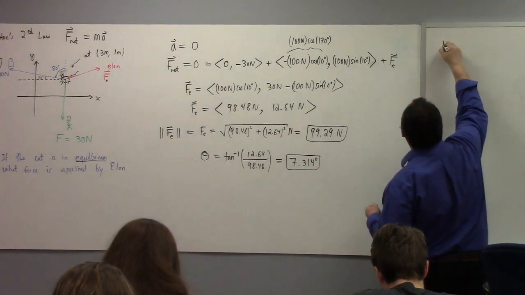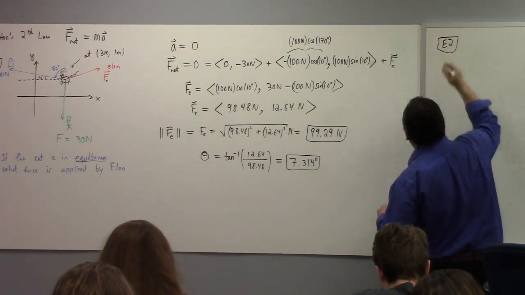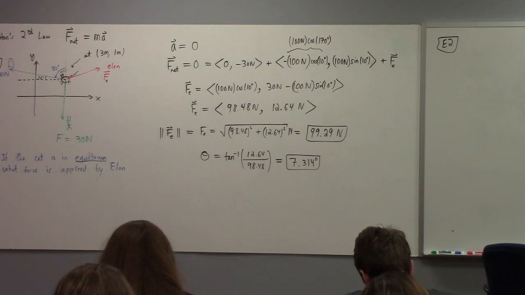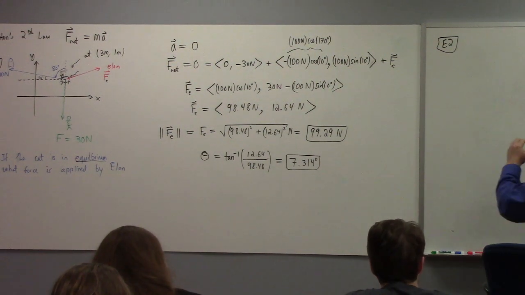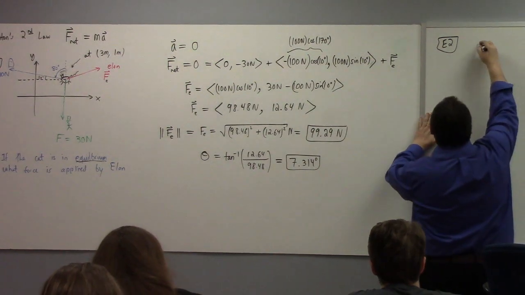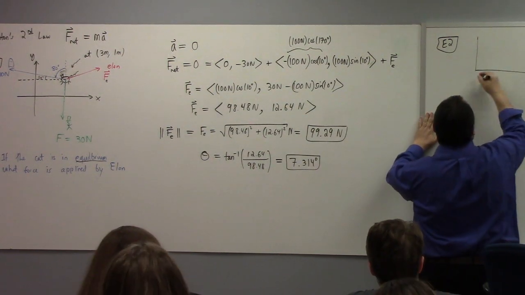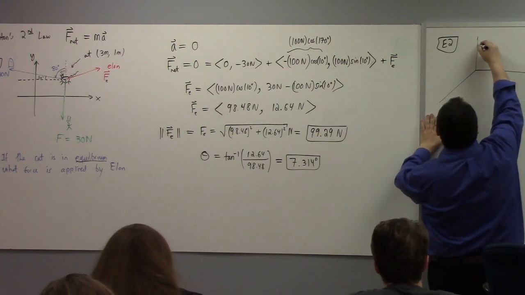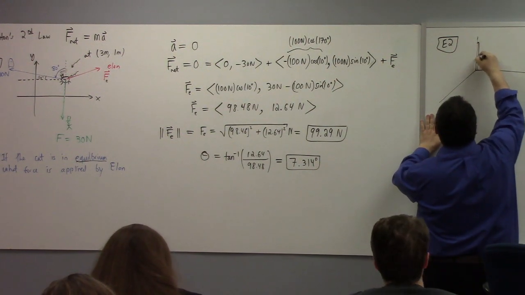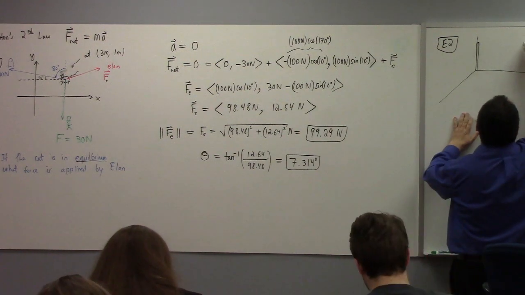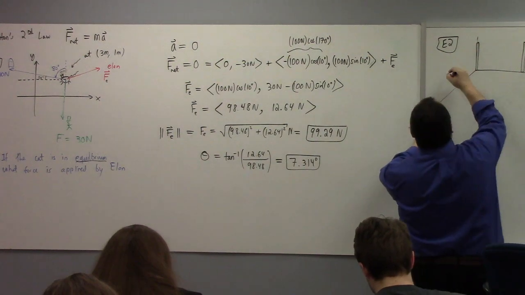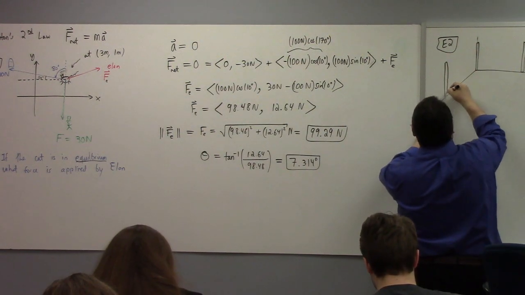So example 2. Let us suppose that we have, this one's a little bit more adventurous. So what I'm going to do is I'm going to draw a pole here and a pole over here and one over here.